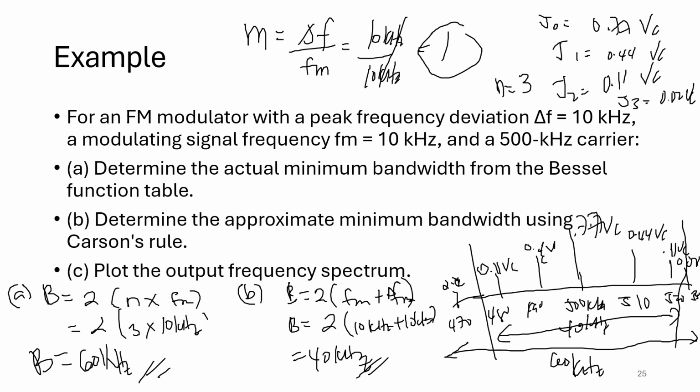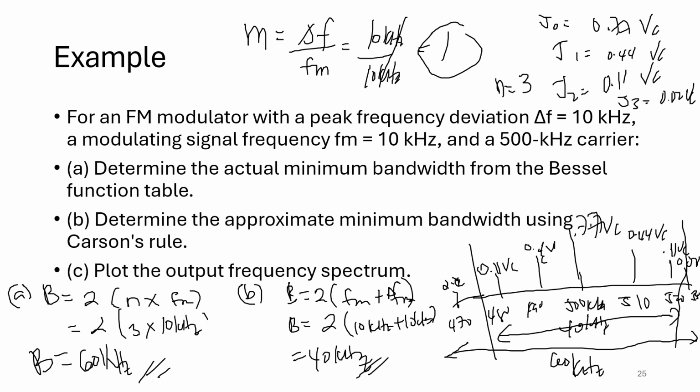And what will be the effect? The narrower bandwidth, and technically 40 kilohertz is narrower, will make your performance poor, because some of the information will be taken off already.